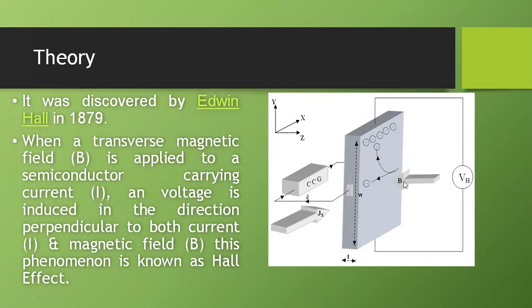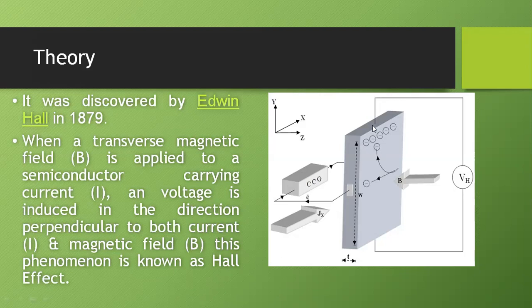That is, when we apply the magnetic field perpendicular to a current carrying conductor or semiconductor, let us say this is the current direction, and normal to the surface we are applying the magnetic field.